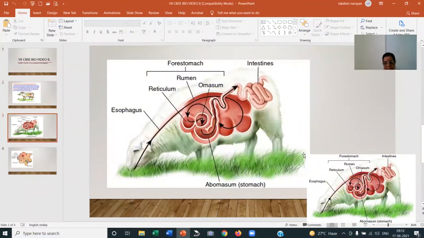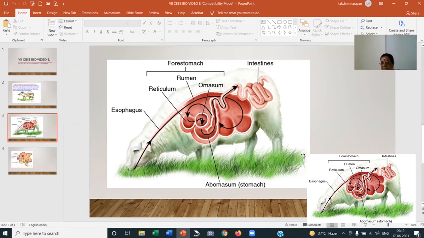Right? Now this diagram shows the stomach of the ruminant animal, where there are different chambers present. The stomach is differentiated into different chambers. That is the characteristic feature: rumen, reticulum, omasum, and abomasum. I repeat, rumen, reticulum, omasum, and abomasum.